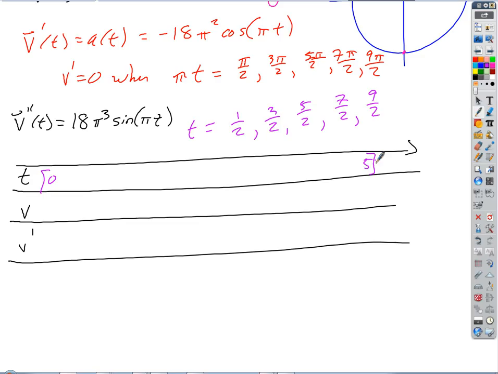So what do we get? We got critical numbers at 1 half, 3 halves, 5 halves, 7 halves, 9 halves. And those are all zeros of v prime.